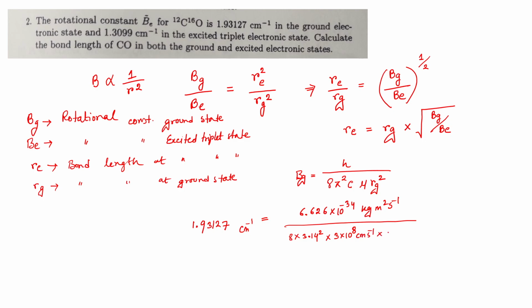into mu. Mu also you have to calculate. Mu is your 12 into 16 divided by 28 a mu, which is 1.14 into 10 to the power minus 26 kilograms.